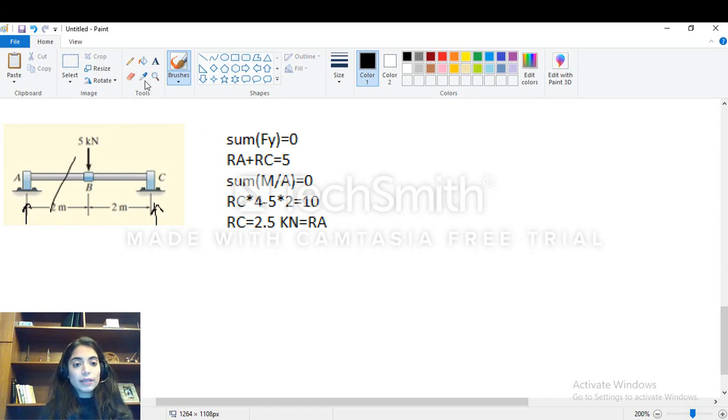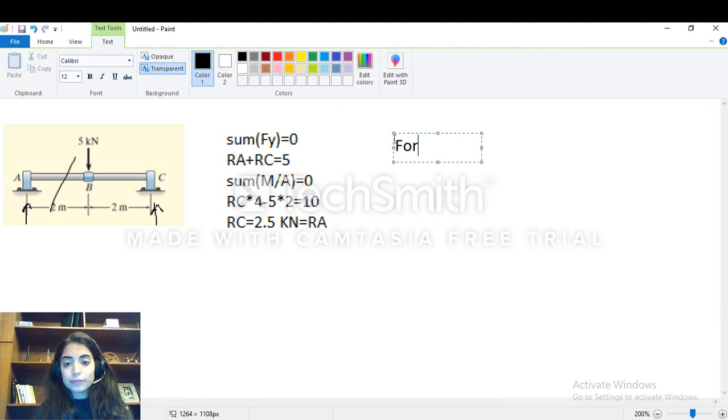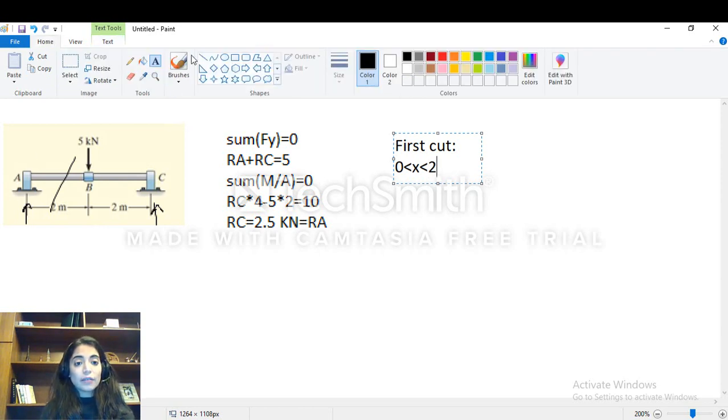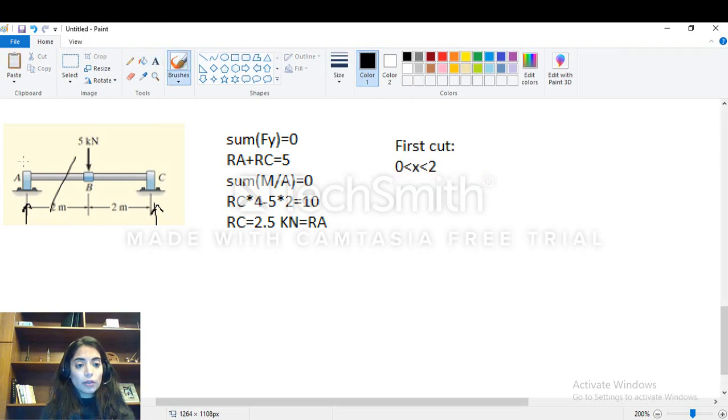So the first cut, basically, is when x is between 0 and 2. Now what is x, basically, guys? X is from this point to the cut. So this is x. Here, guys, x is between 0 and 2, and this is my first cut.